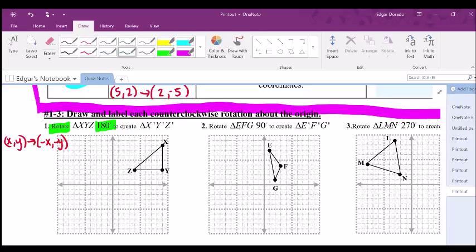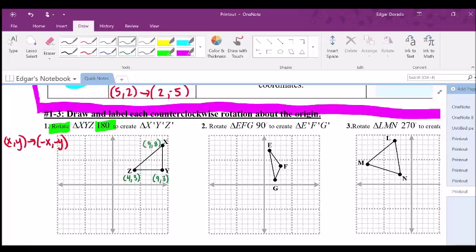So let's take all these coordinates. This is going to be (4, 3). This right here is (9, 3). And this here is (9, 8). So what I'm going to go ahead and do is take my x first.